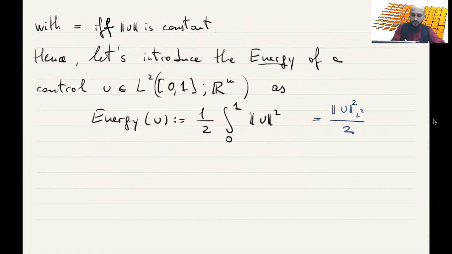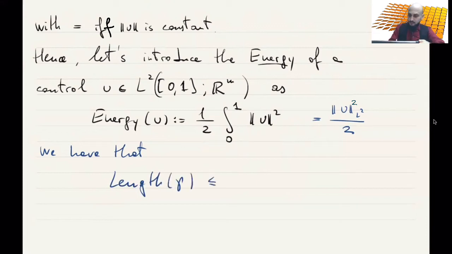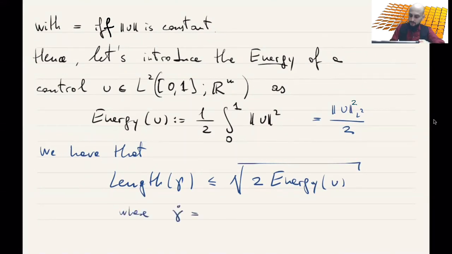And the Cauchy-Schwarz inequality gives us that the length of a curve gamma is always less or equal than the square root of twice the energy of its control, where gamma dot is equal to the sum of ui xi in gamma.